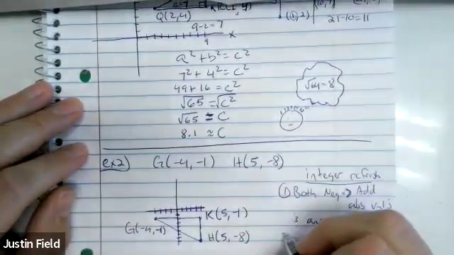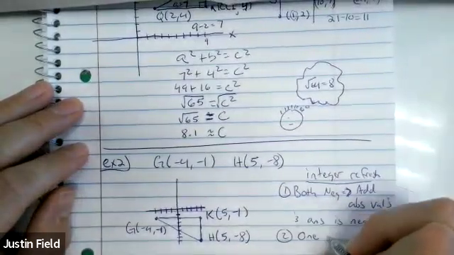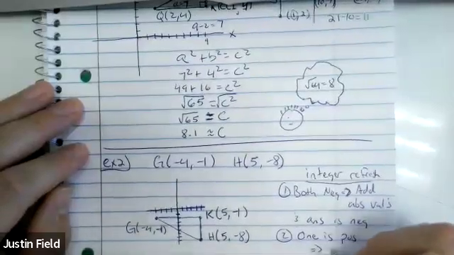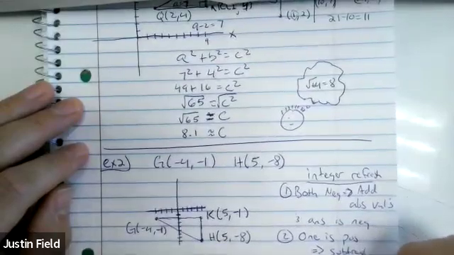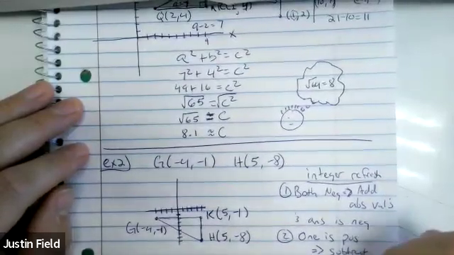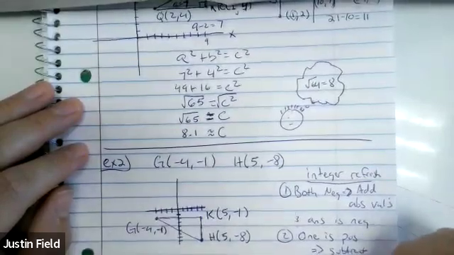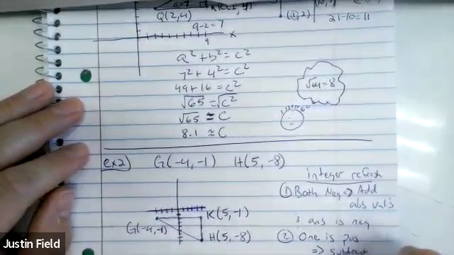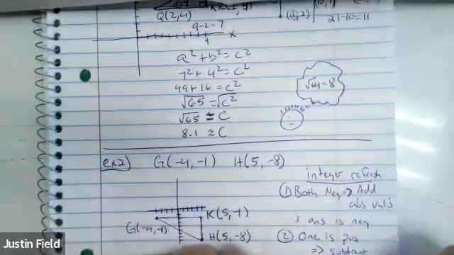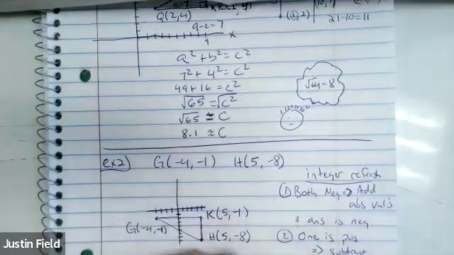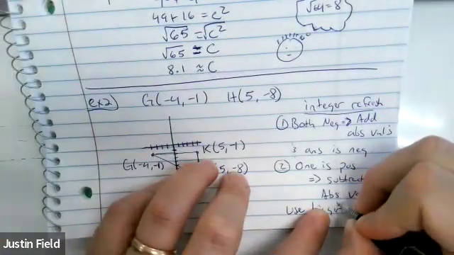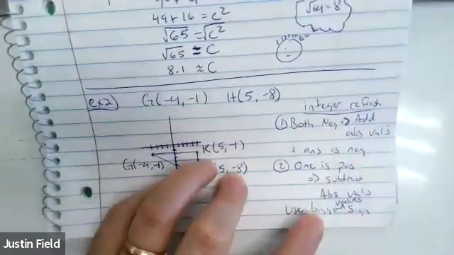That's the first rule. The second rule is if one is positive, what do we do? We subtract the absolute values and use the bigger value's sign.